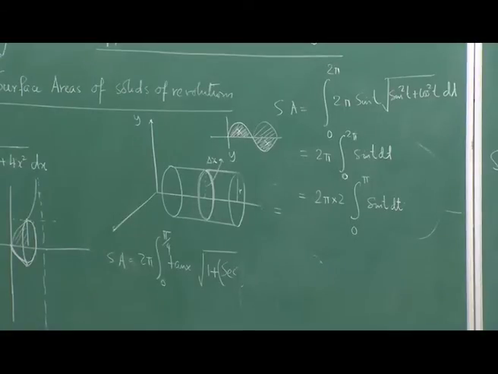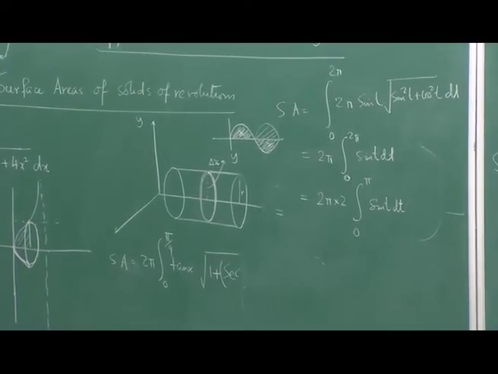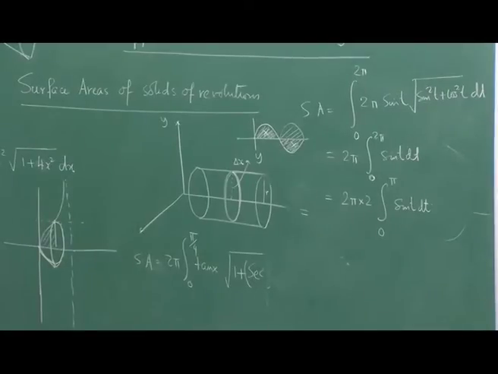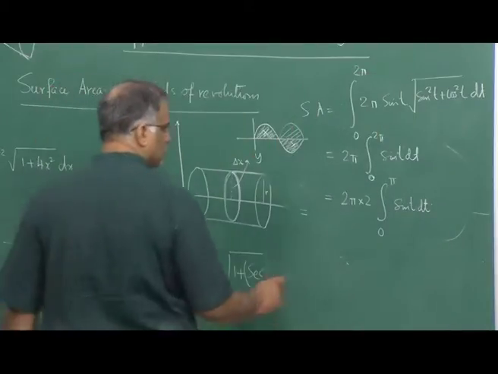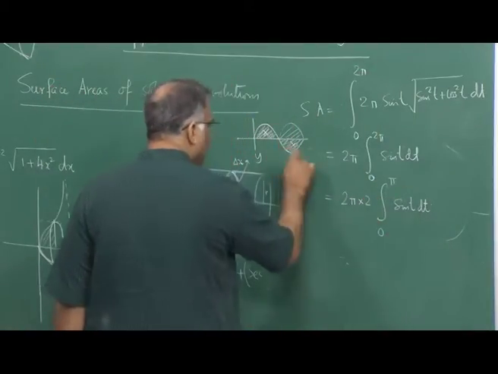So, instead of having 0 to 2 pi, you have 2 times 0 to pi. This is something important. So, let us look at just 0 to pi, what is the integral. Basically I am taking the absolute values, right.